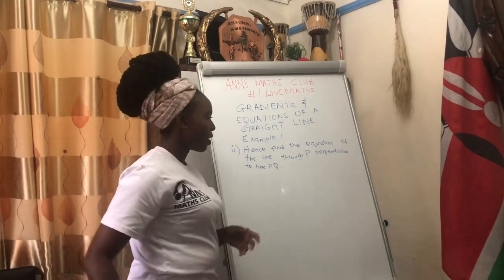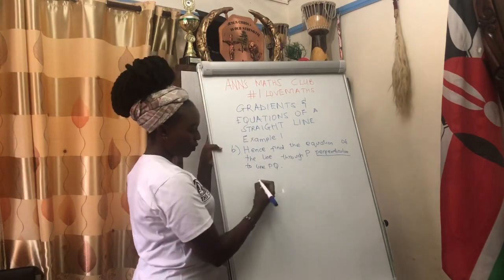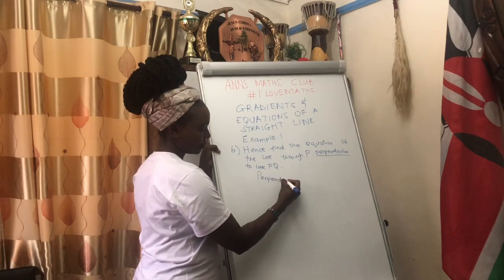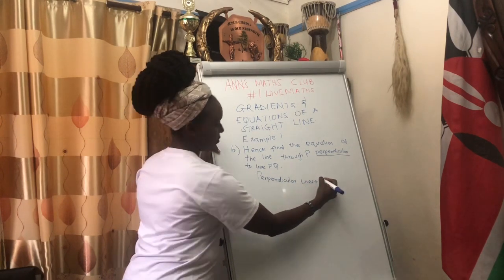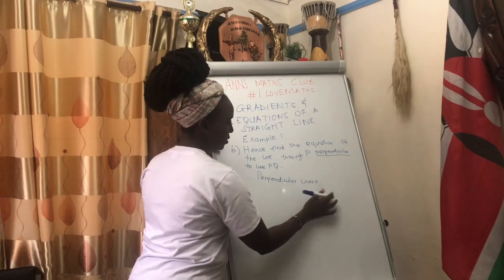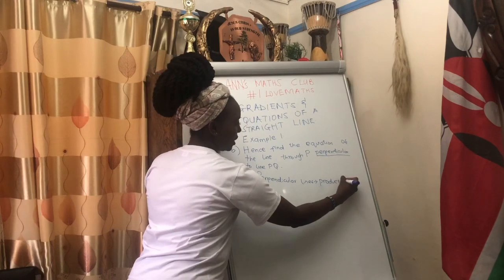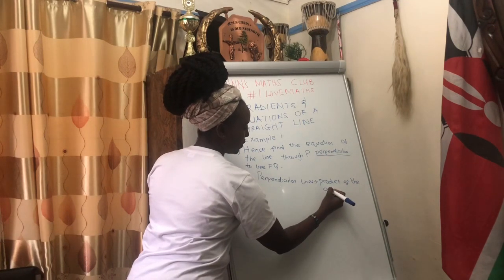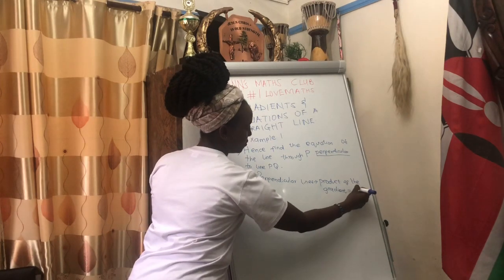So here is where we now get the concept of perpendicular lines. And we know for perpendicular lines, the product of the gradients is equal to negative 1.